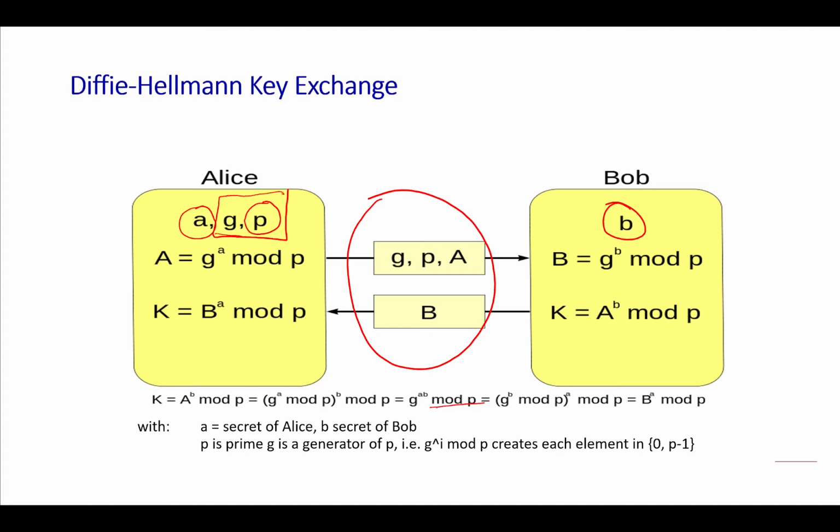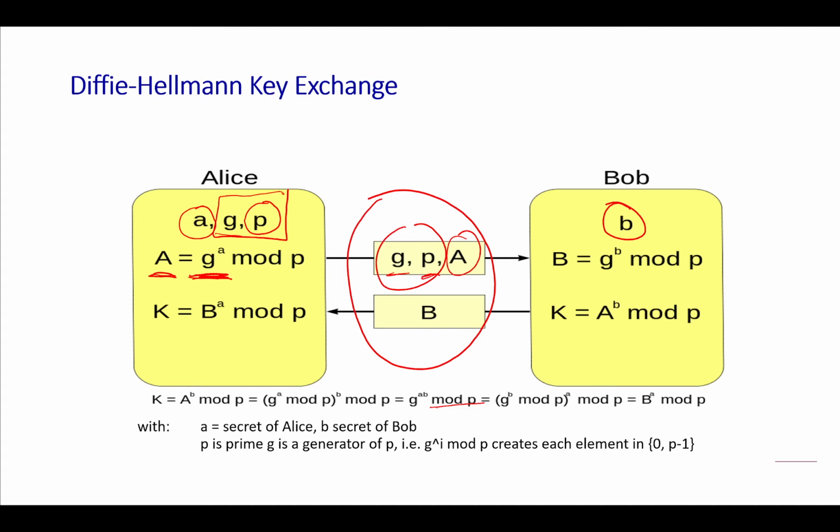So what is A doing? First, A sends G and P and this term, G to the power of A mod P, which let this be capitalized A. This will become public, and of course G and P will also become public.